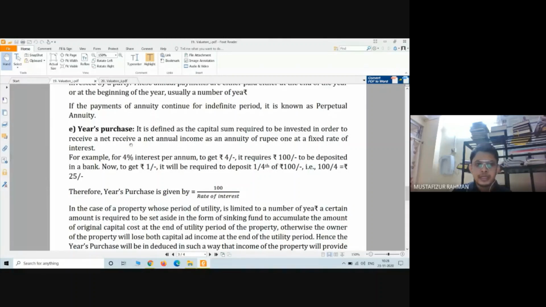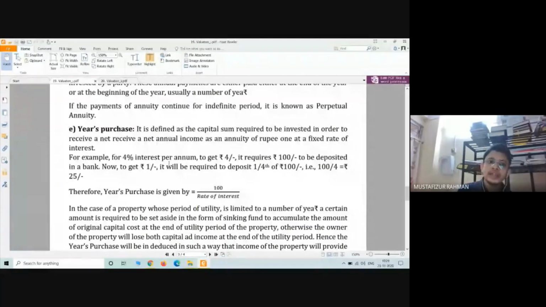Say, for example, there is an interest of 4% per annum. To get 4% in 1 year, I have to keep money in the bank. So what amount do I have to keep in the bank to get rupees 1 as income?